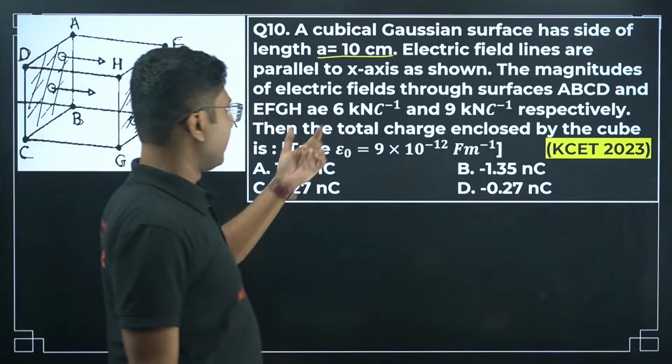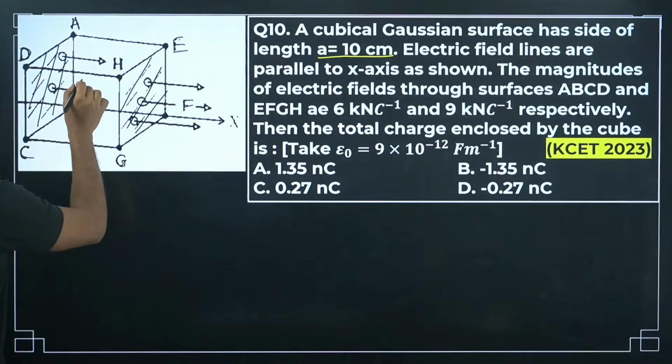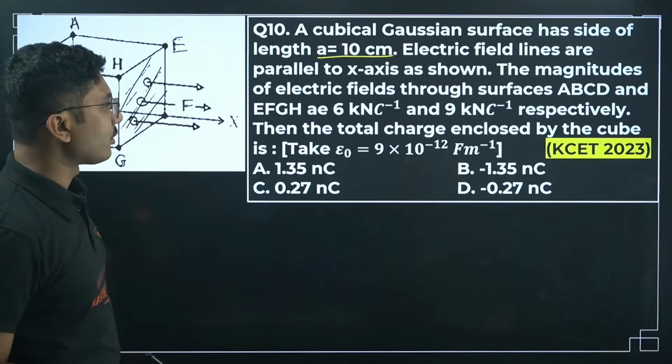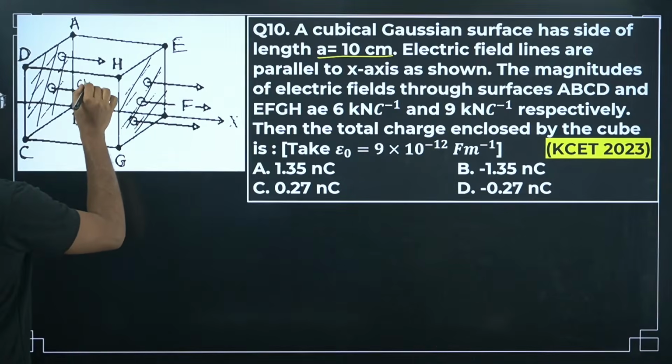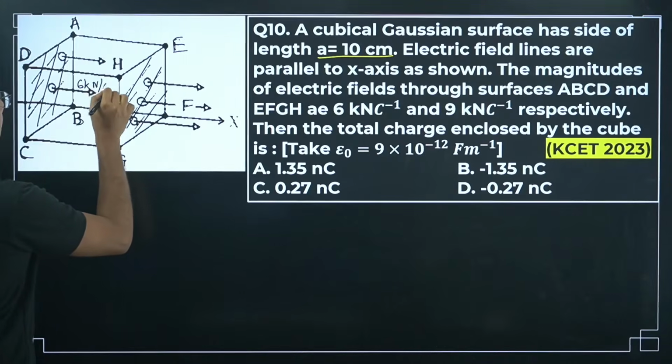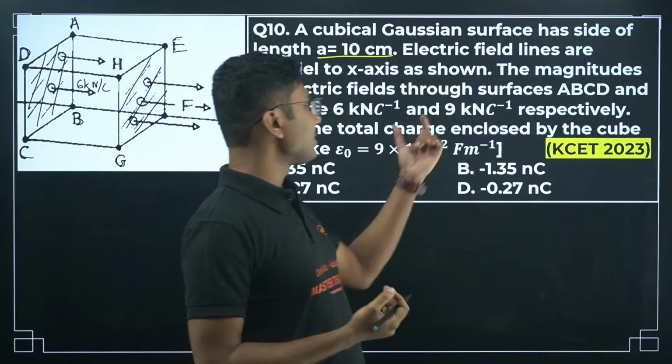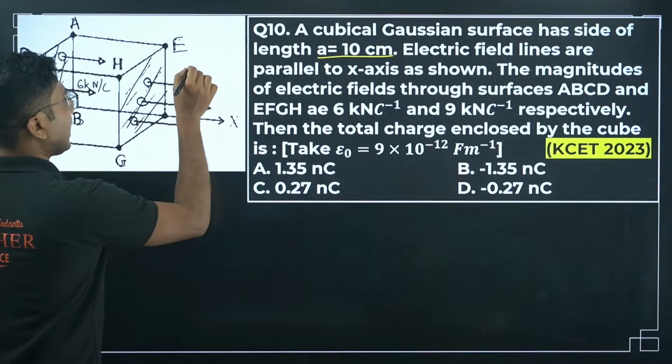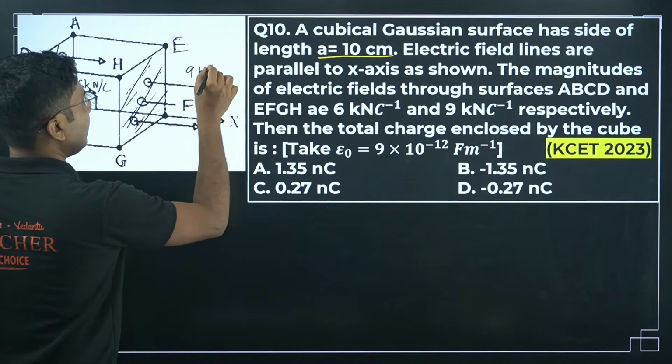Through this it is 6 kilonewton per coulomb. Remember, it is kilonewton per coulomb. Kilo means 10 to the power of 3, obviously, and outgoing is 9 kilonewton per coulomb.